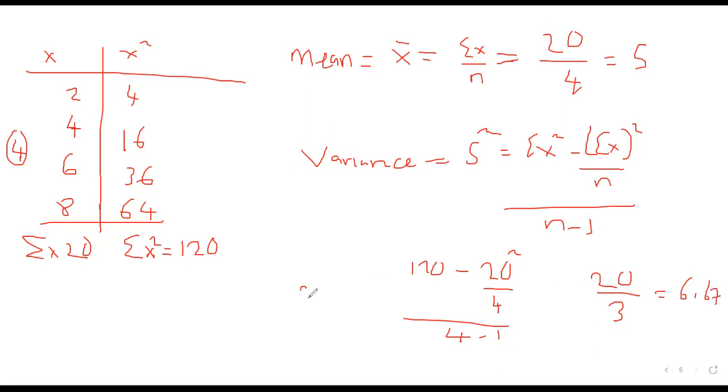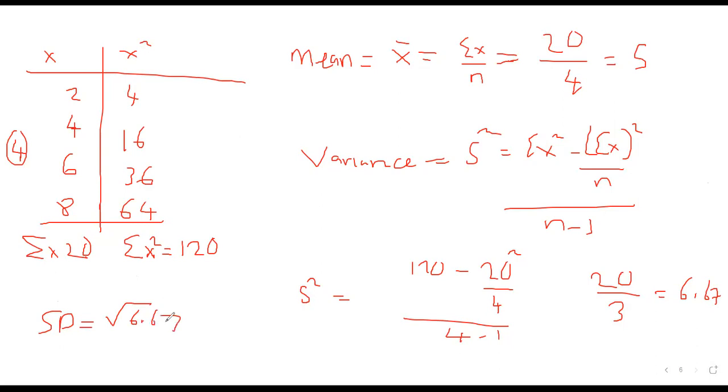So the symbol for variance, for example, is s squared. And when you square root it, we call it the standard deviation. So using a calculator, you can find the standard deviation by simply square rooting the value of 6.67.